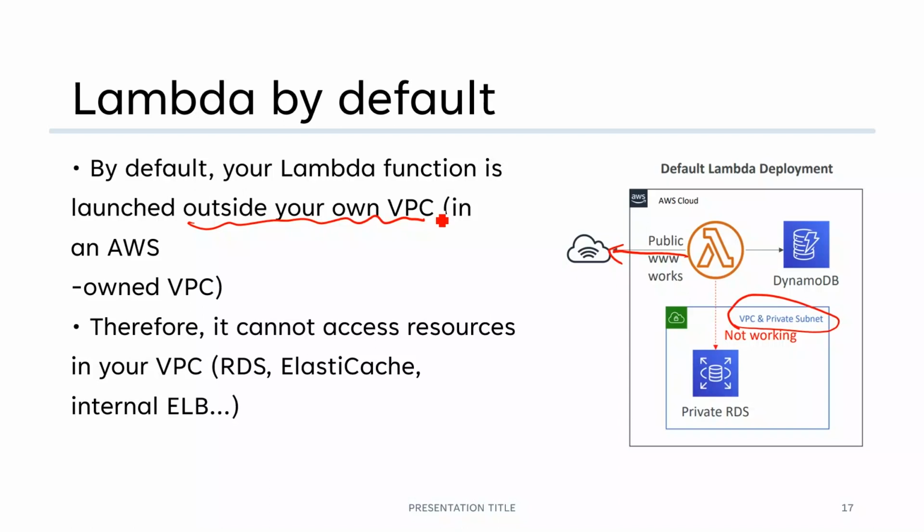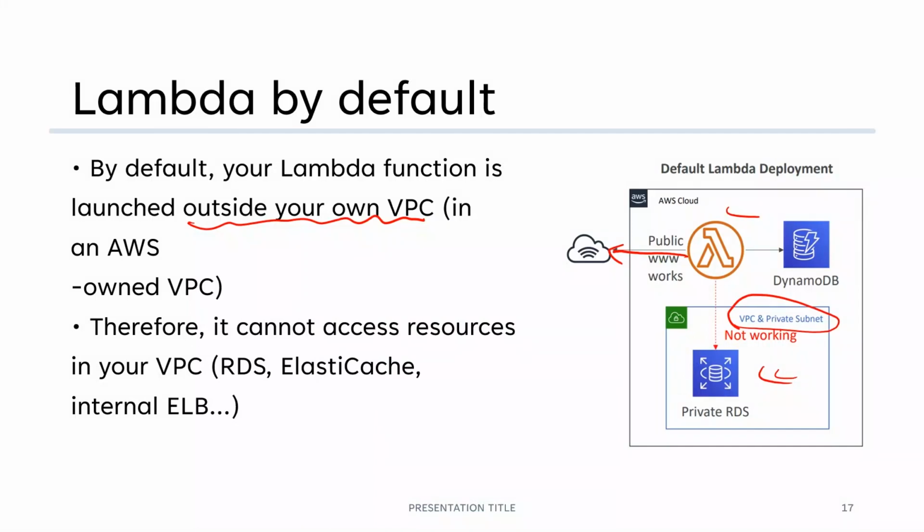Let's not say VPC, you will get confused. Let's say networks. If your Lambda function is not in the same network, how will it access the RDS instance which is in this network? Therefore it cannot access resources in your VPC. It can only access whatever is available on the public internet. That is what Lambda by default means.